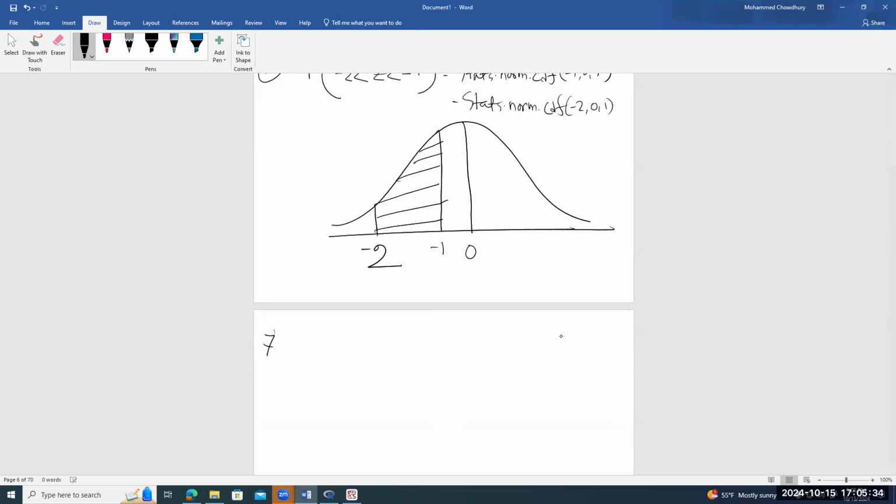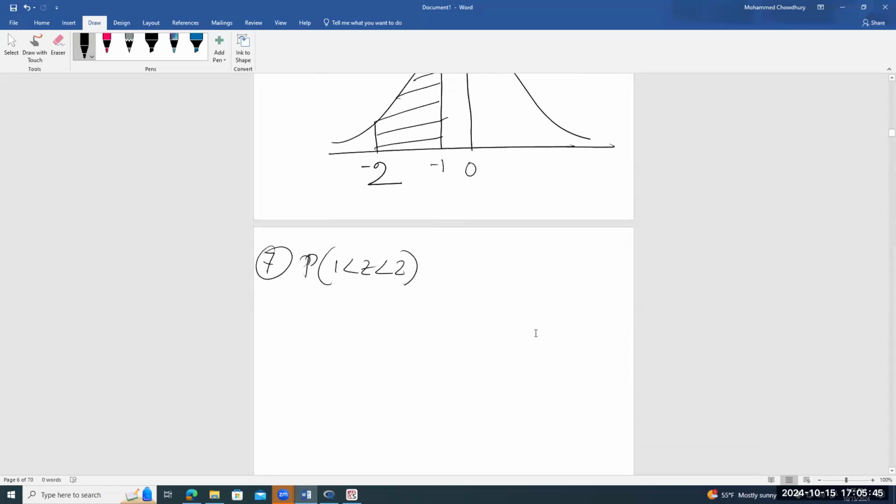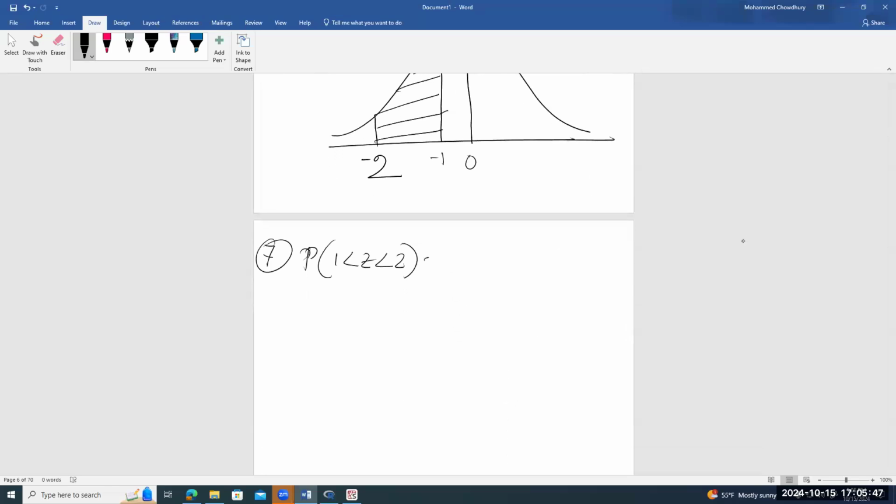And number 7, I want to do 1 less than z less than 2. Okay. If I am asked to find this, this is equal to 1, this is equal to 2.